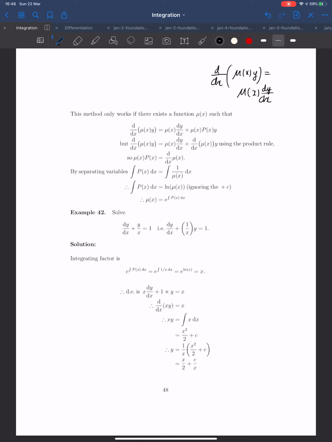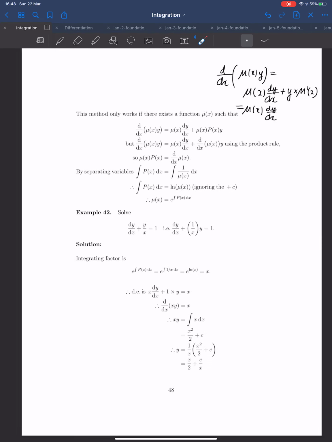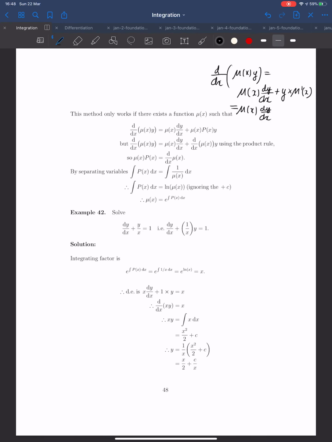So this is first times derivative of second plus second times the derivative of the first. And that has to be equal to mu x dy by dx, and where this comes from is here, plus mu x p of x y.